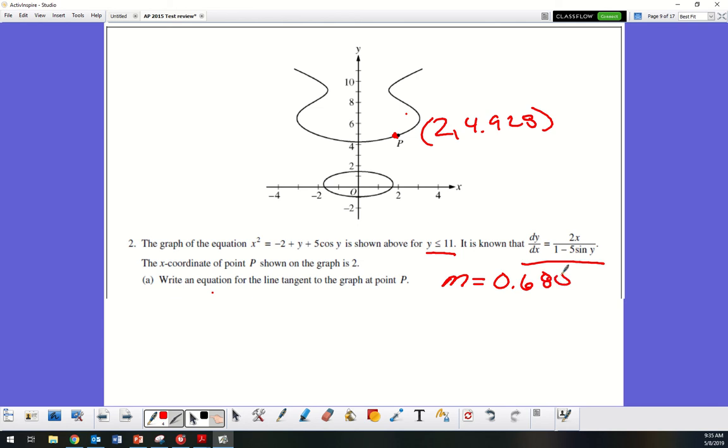All right, so now let's write the equation. So it's going to be y minus y1, which is 4.928, equals 0.680 parentheses x minus x1, which is your 2.